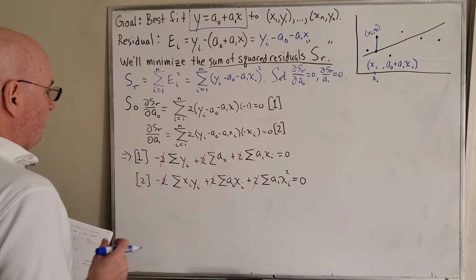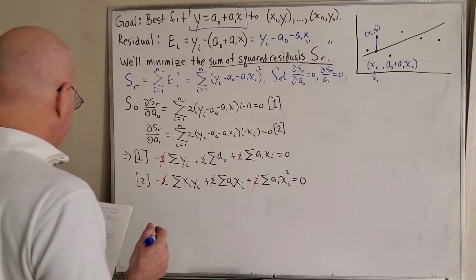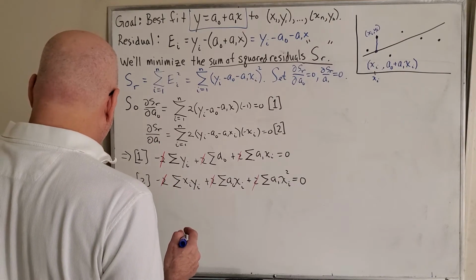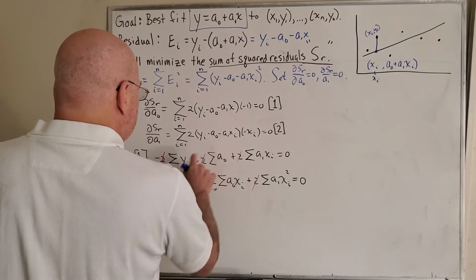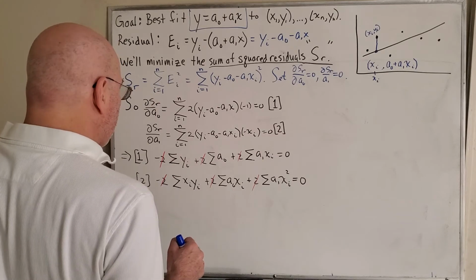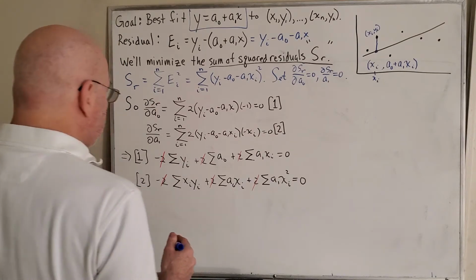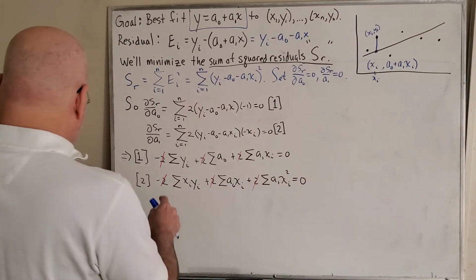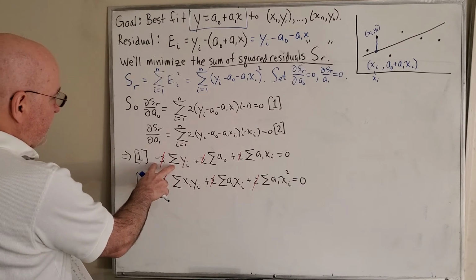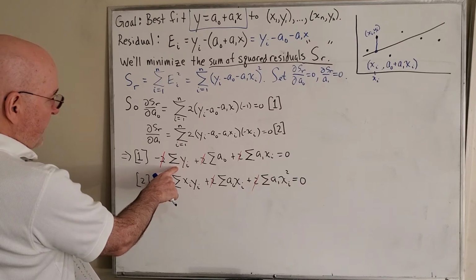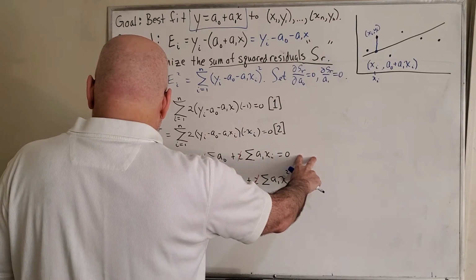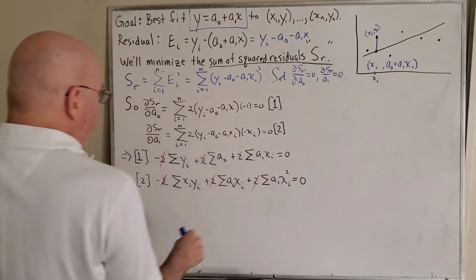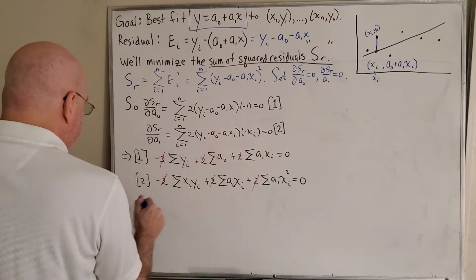The only unknowns are A0 and A1. So let's see what we get here. That's an A0. I'm going to reorder these slightly. And this is a negative sum of the yi's. I'm going to add that to the right-hand side and keep this on the left-hand side.